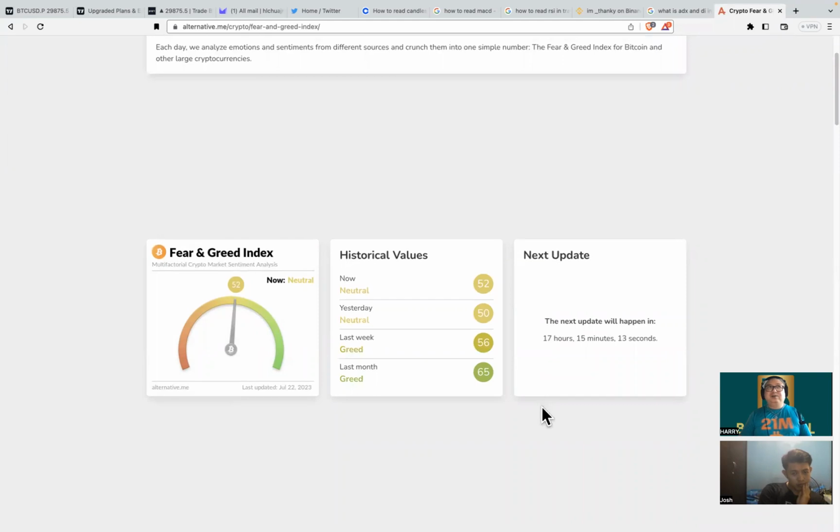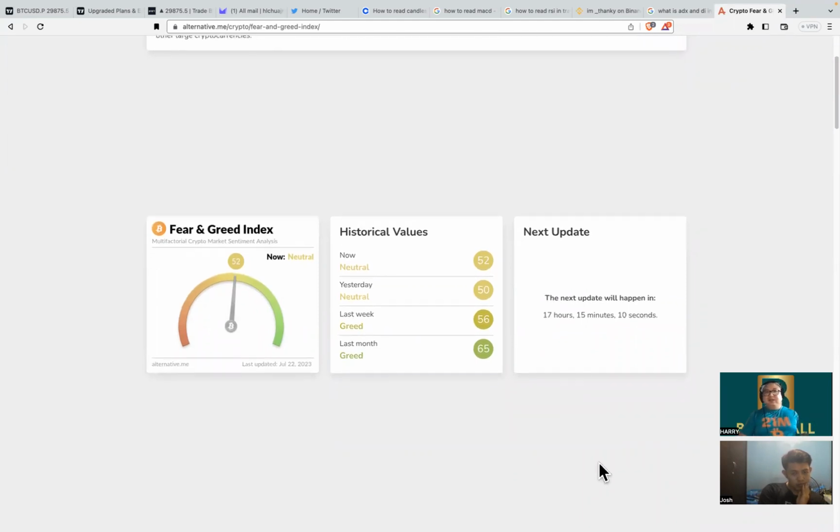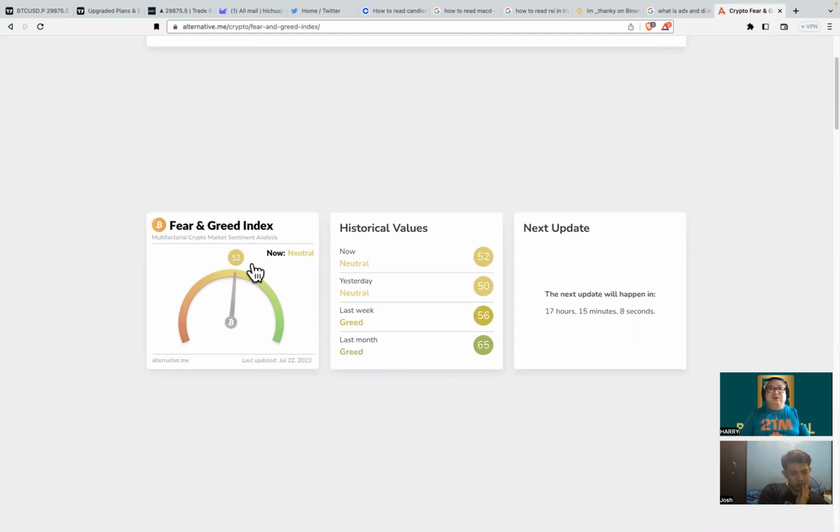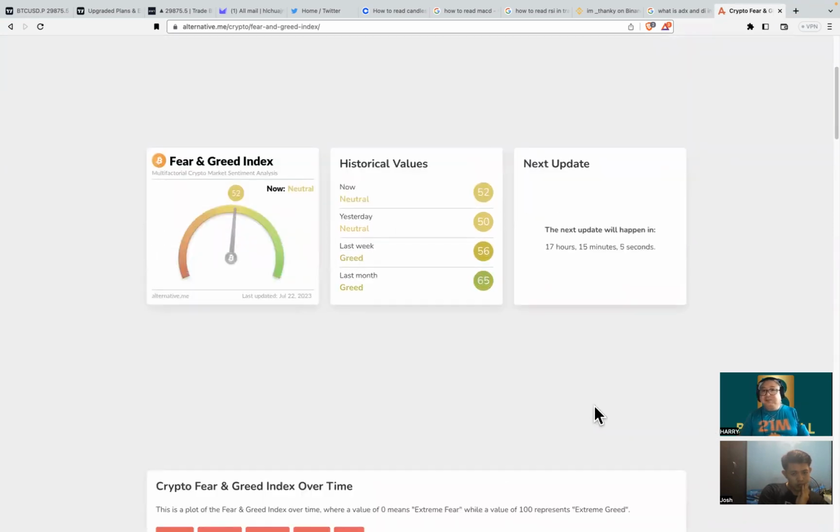They are monitoring social media, everything, because the ones trading are people, right? With emotions. Especially the new ones, they get scared quickly. When Bitcoin drops by 1,000, they say, oh, Bitcoin dropped, I'll sell this. So they get scared easily. This is fear and greed at the moment, 52. We're neutral. People are undecided. When it reaches green, it's greed.